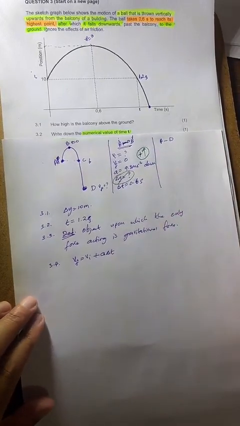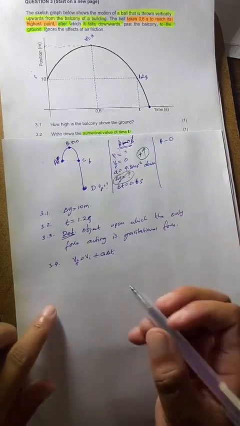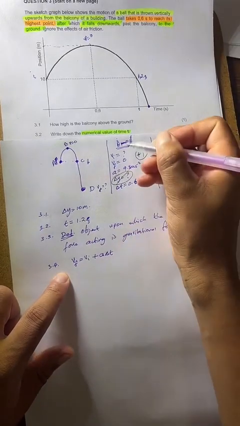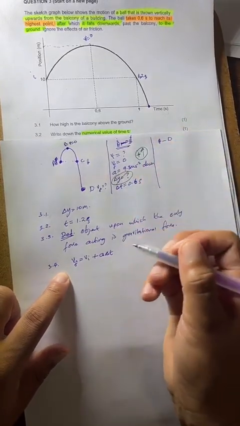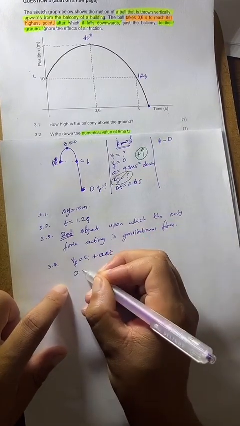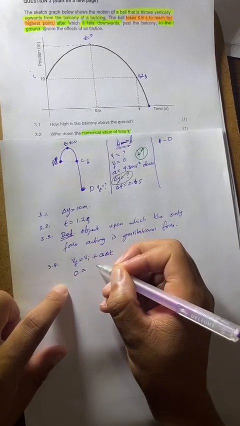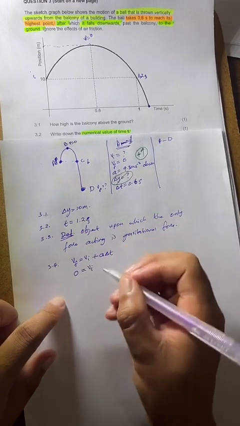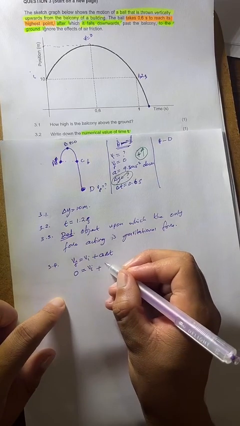Yeah? So now let's substitute all the values in here. Final velocity is where the object reaches the maximum height, so this is 0. Initial velocity is what we're looking for, so we just leave it as it is. And the acceleration is downwards.